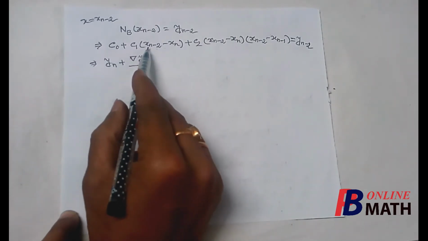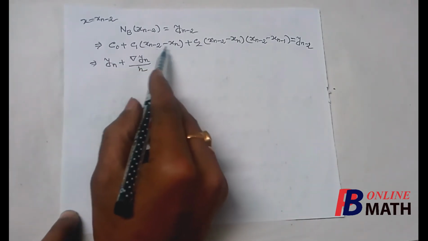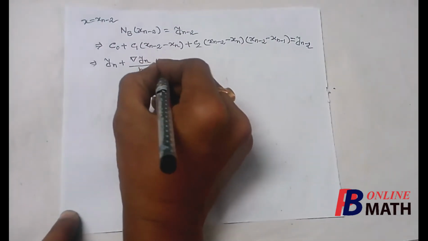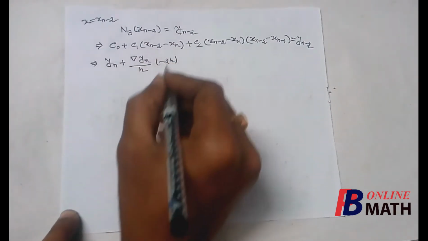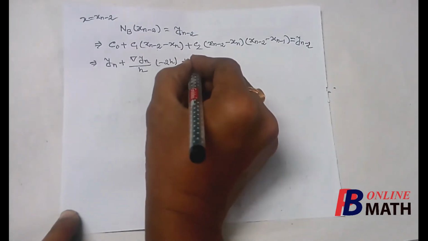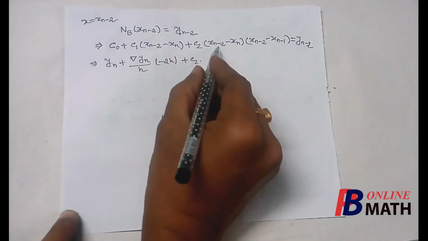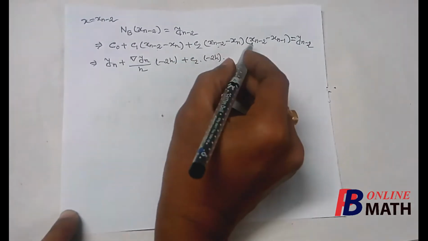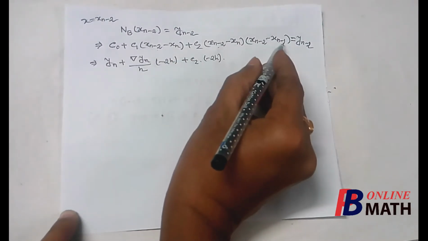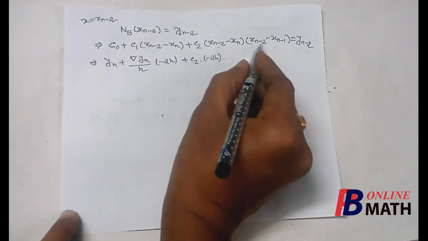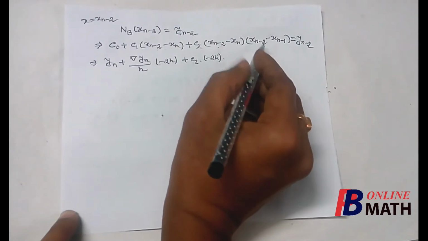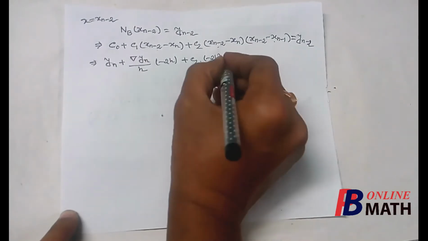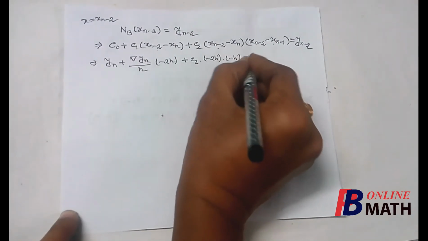The distance between xn minus 2 and xn is 2h, and since xn is greater, this is minus 2h. Plus c2 into, now xn minus 2 minus xn is minus 2h, and xn minus 2 minus xn minus 1, the distance between two consecutive arguments, and since xn minus 1 is greater than xn minus 2, this is minus h.